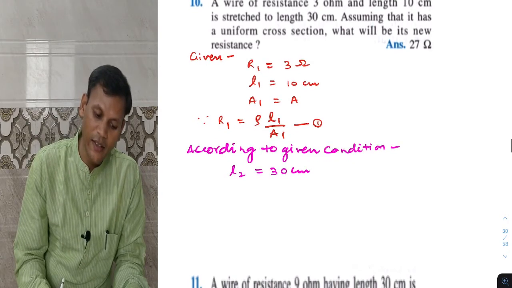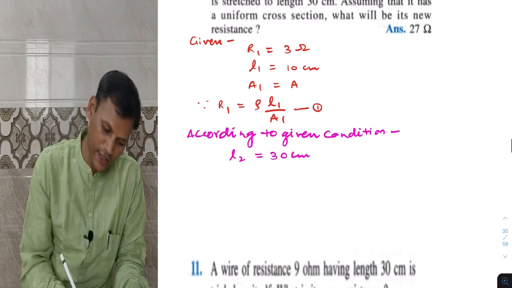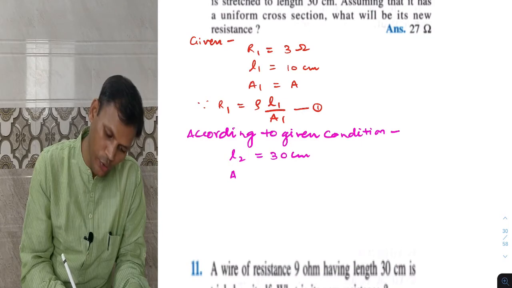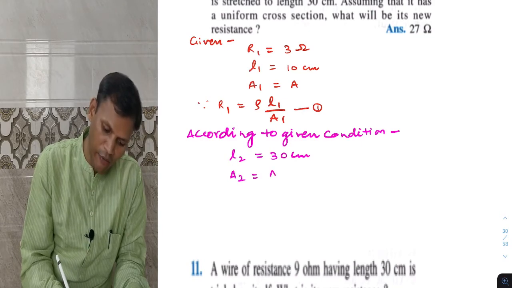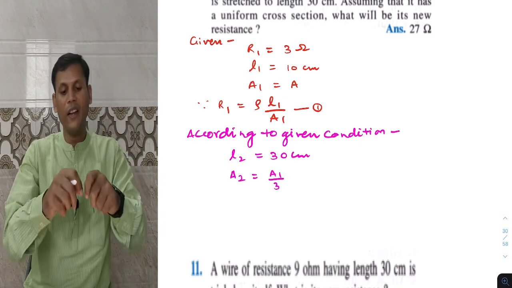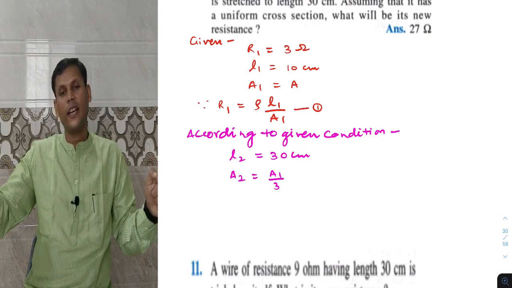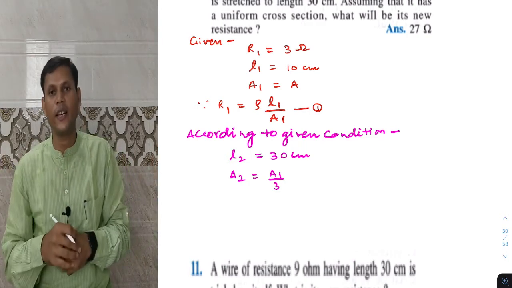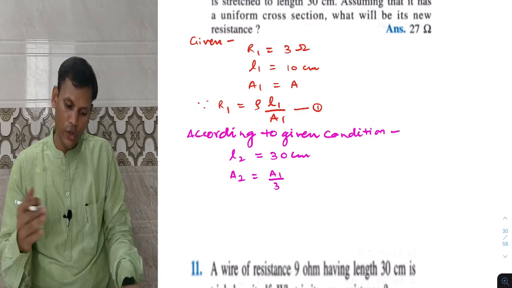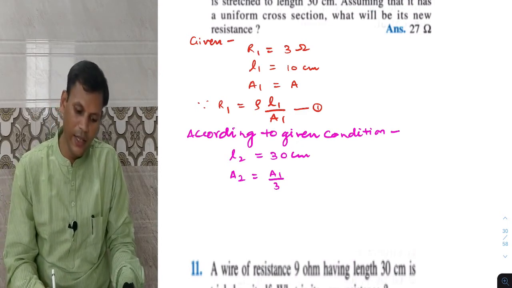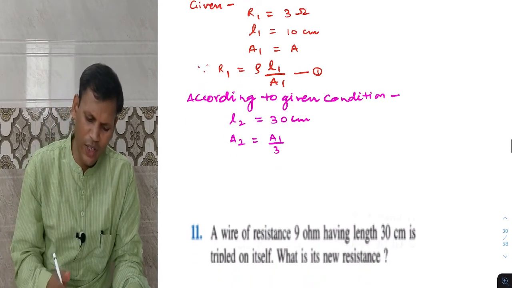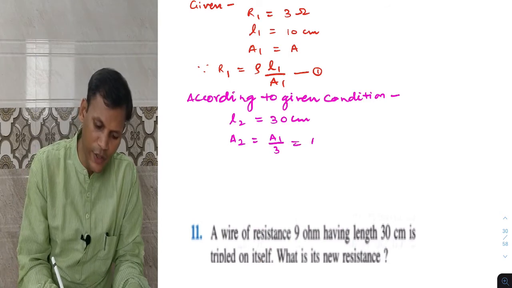Assuming that it has uniform cross sectional area, area A2 will be A1 by 3, because if length is stretched 3 times, then area of cross section also will decrease 3 times. So it will be 1/3, so A1 by 3, and area is not given, but A1 we have assumed as A, so it becomes A by 3.